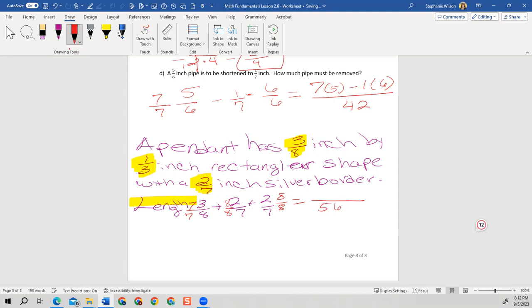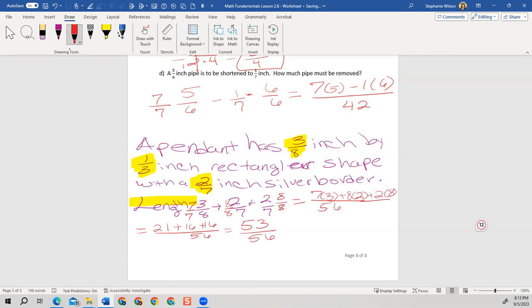In my numerator, I get 7 times 3 plus 8 times 2 plus 2 times 8. Let's clean this up. So now I have 21 plus 16 plus 16, all over 56. Let's sum it all up. That gives me 53/56. So that's going to be my length, right?